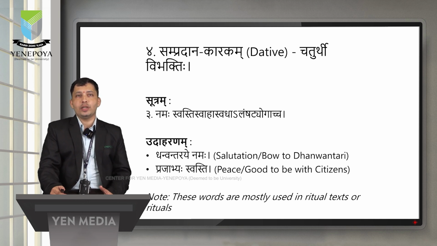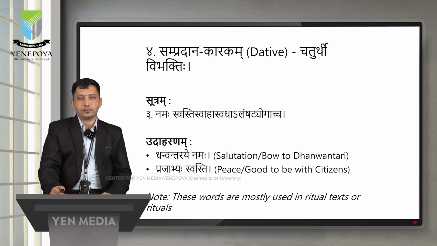These words are used in ritual texts. Whenever these words are used in a sentence, the word before them should get Chaturthi Vibhakti because they represent Sampradana Karaka. So let's see an example.